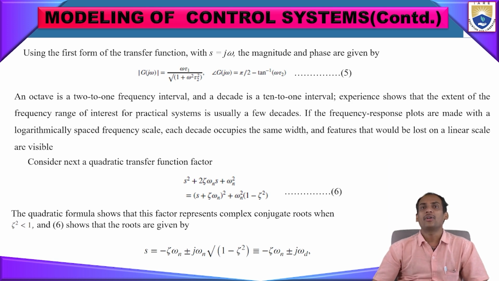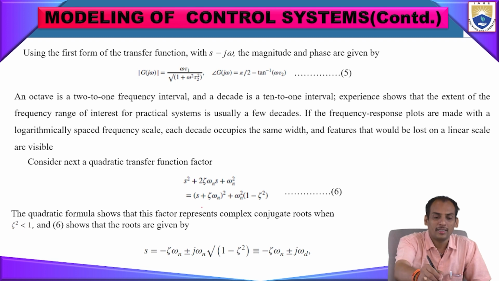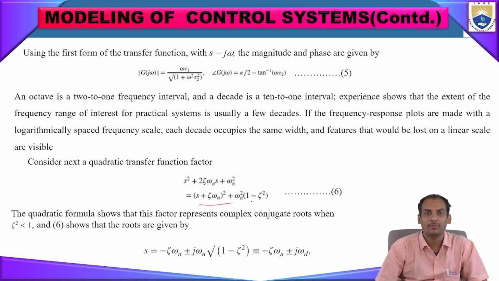Further, we can write the quadratic transfer function like this: s square plus 2 zeta omega n s plus omega n square, which can be written as (s plus zeta omega n) whole square plus omega n square into 1 minus zeta square.